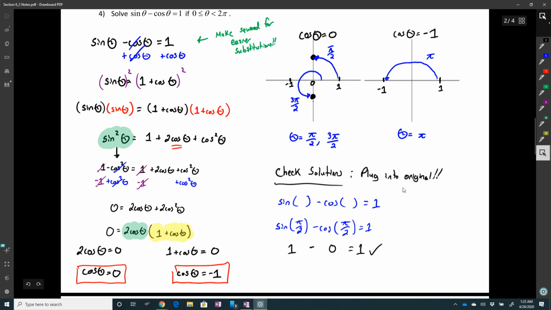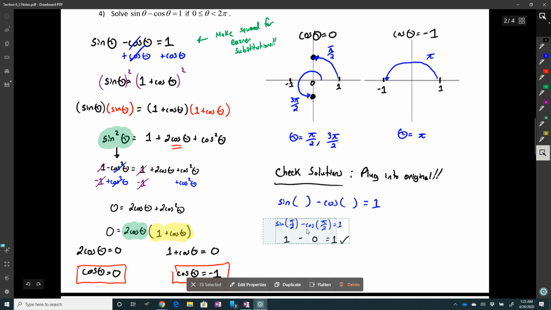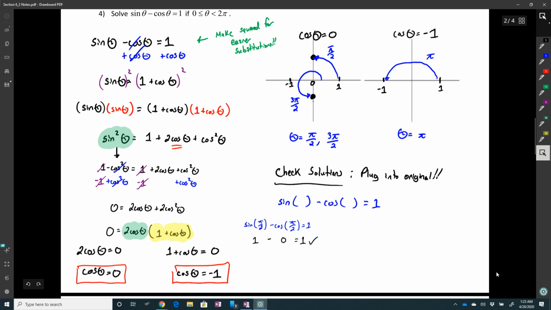I can try another one. Let me shrink that and kind of move it to the side. Now we can do it again with the other answer. Sine of 3 pi over 2 minus cosine of 3 pi over 2 equals 1. Okay, at 3 pi over 2, we can kind of use this point to help us out.